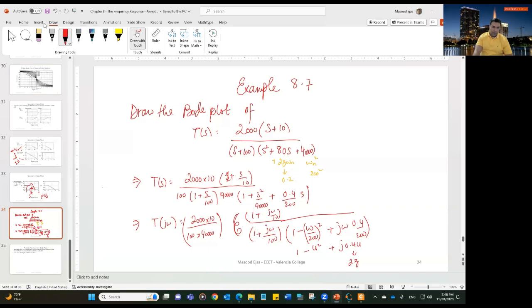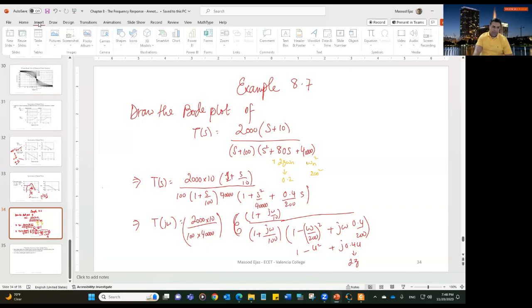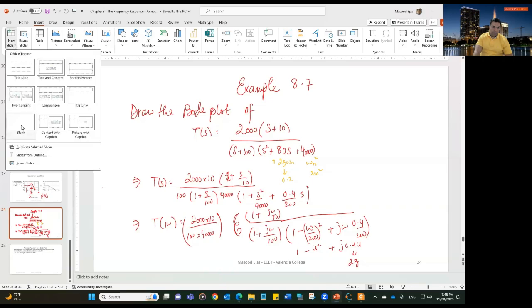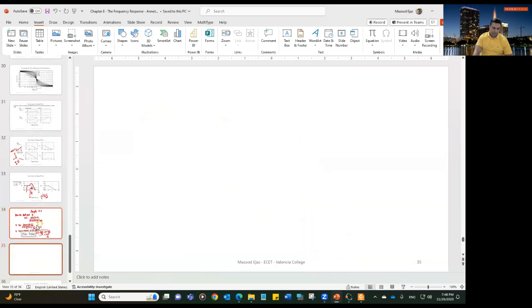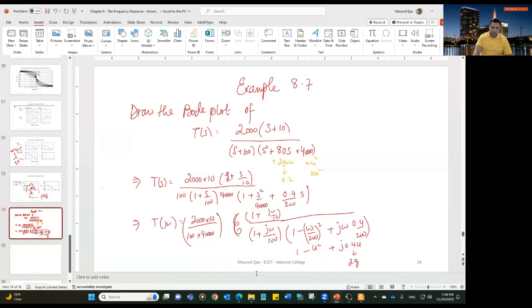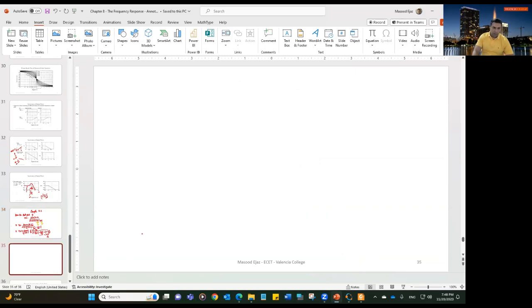So when I'm drawing the Bode plot for this, how is it going to look? Now, what frequencies do I have? I have 10, 100, and then I have 200 for omega n. So let's go ahead and create the axis.